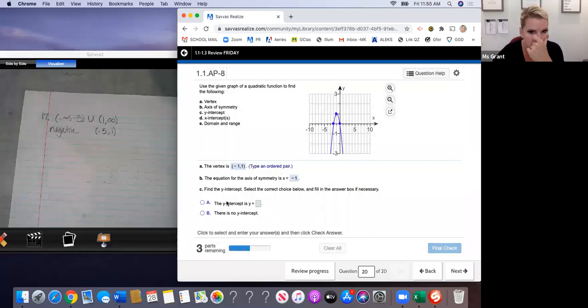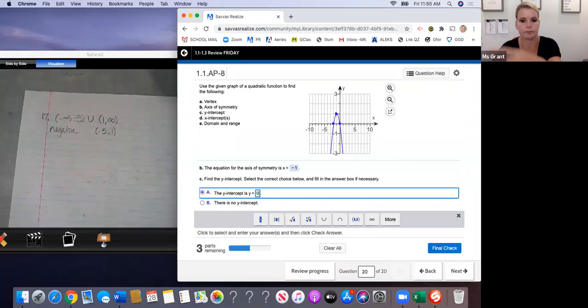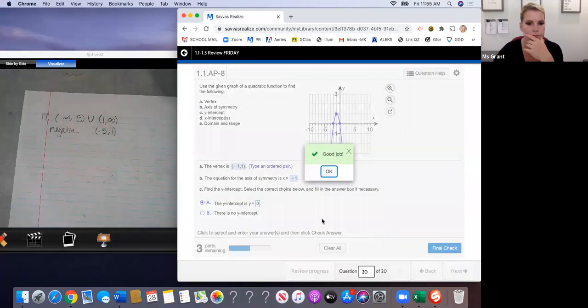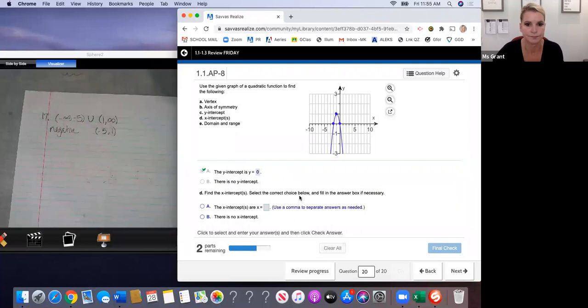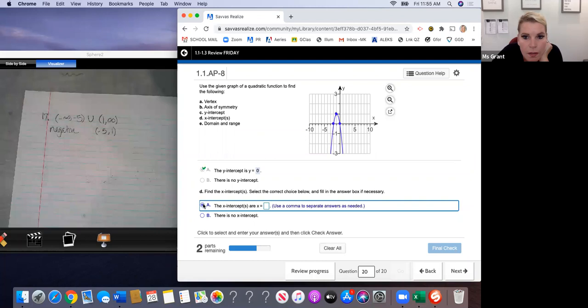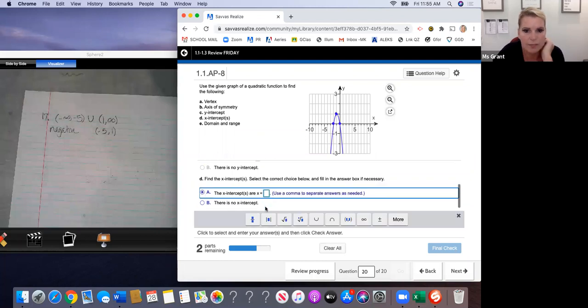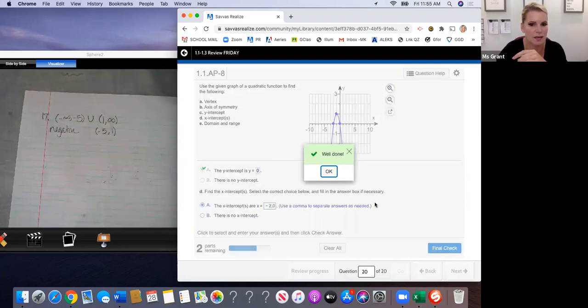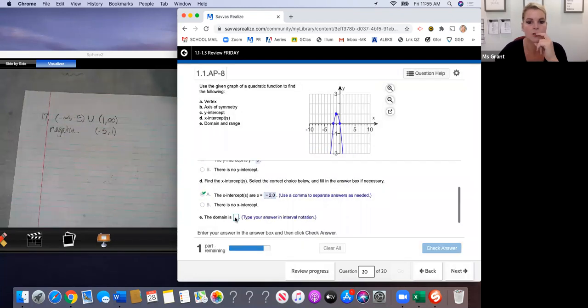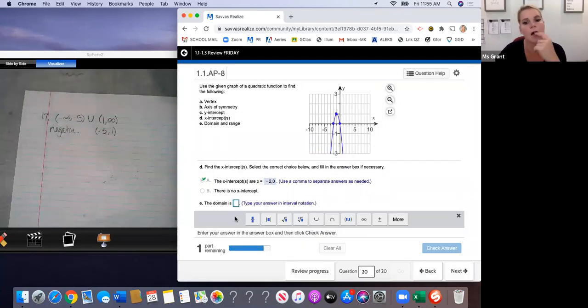Y-intercept, 0. X-intercepts, -2 and 0. How do I write this though? -2, comma 0, -2 and 0. I don't know if it's going to like it. Oh, it did. Domain, all real numbers, -infinity to positive infinity.